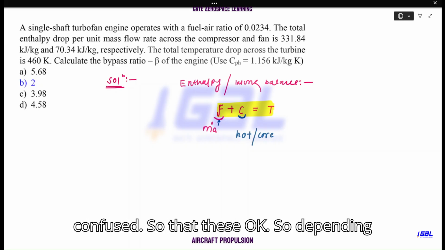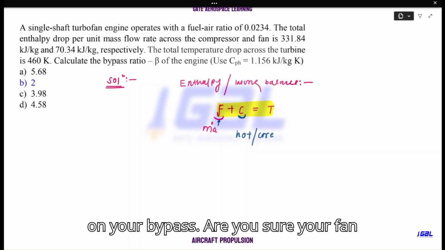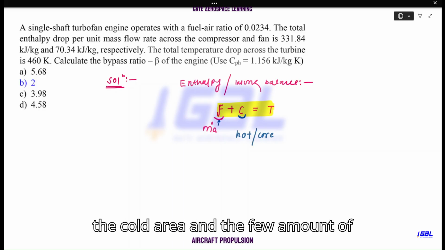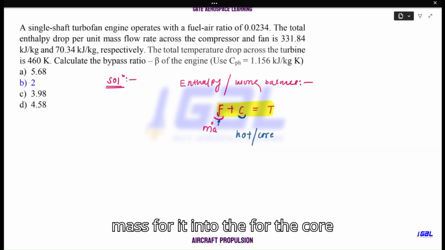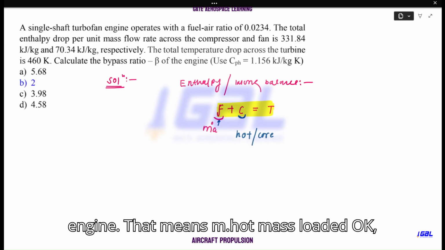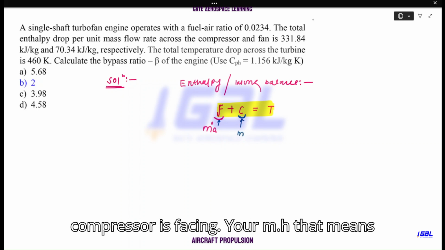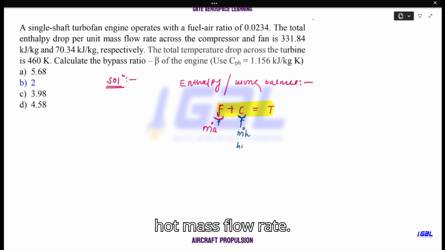So depending on your bypass ratio, your fan will split the flow, most of the mass flow rate into the cold area, and a small amount into the core engine, that means m dot h, hot mass flow rate. So your high pressure compressor is facing m dot h, that means hot mass flow rate.